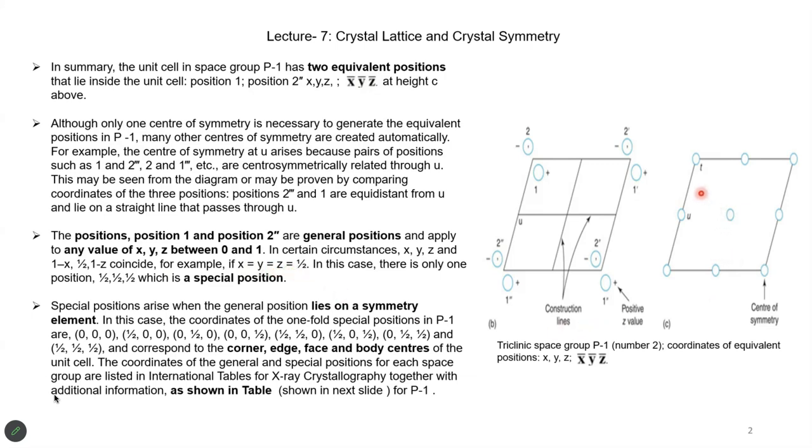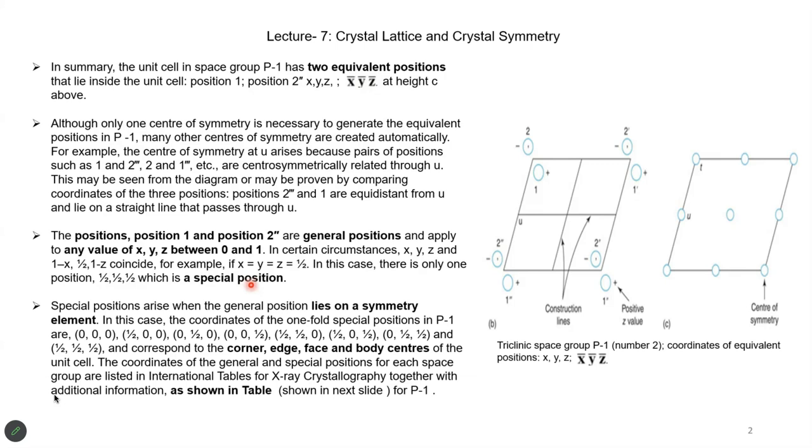You see, if we take this point is half, this point is half, this point is half. So in this case, they are only at the position half, half, half. This coincides and the position becomes half, half, half. And that is called special position.